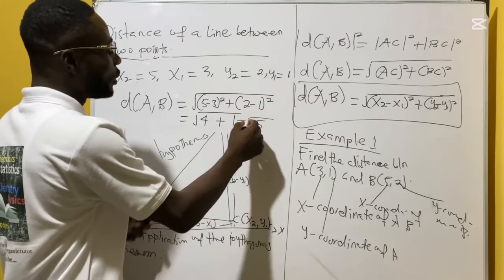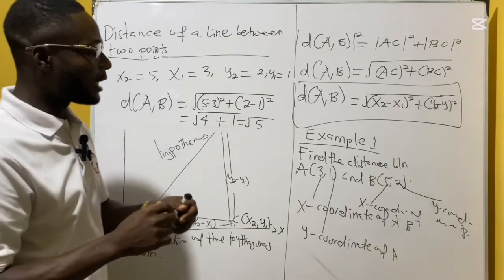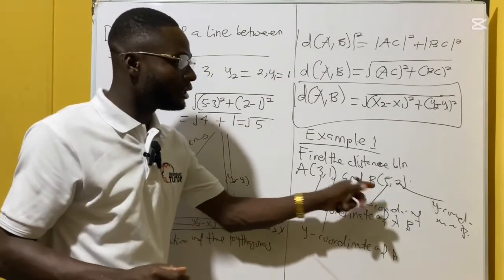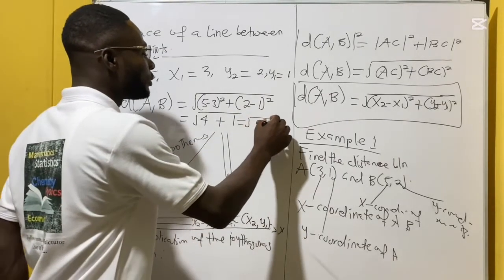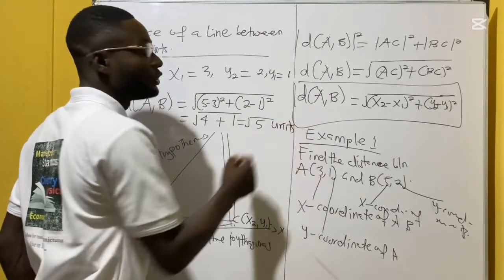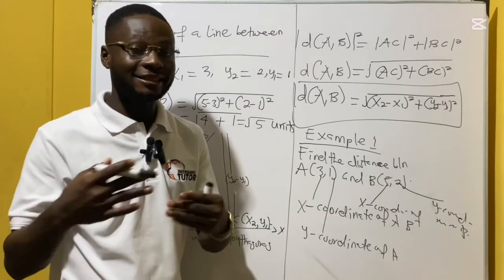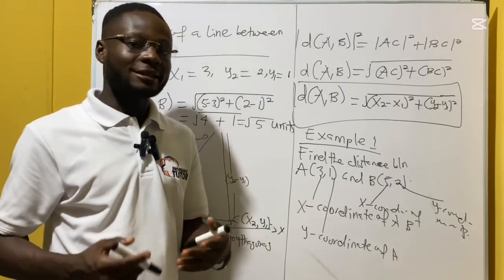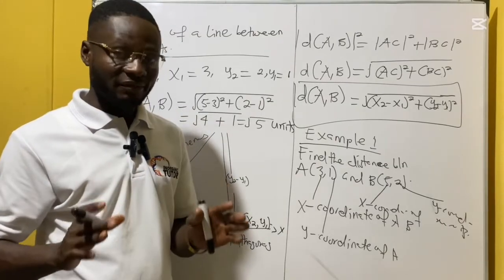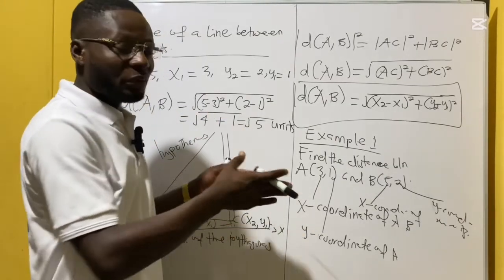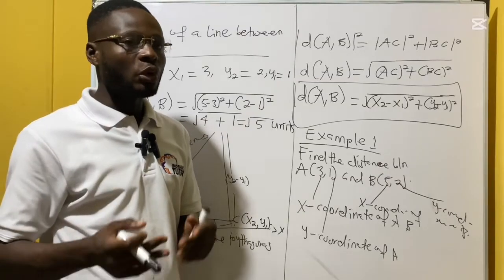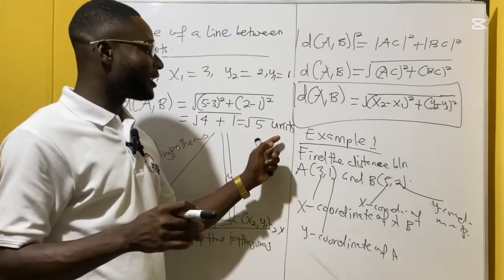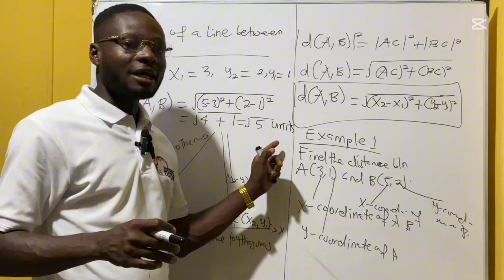Okay, so the distance between line AB is basically square root of 5 units, right? You know that distance can be meters, can be kilometers, can be centimeters, can be whatever. So in here, we don't know the actual unit. So the best unit we can put there is square root of 5 units.